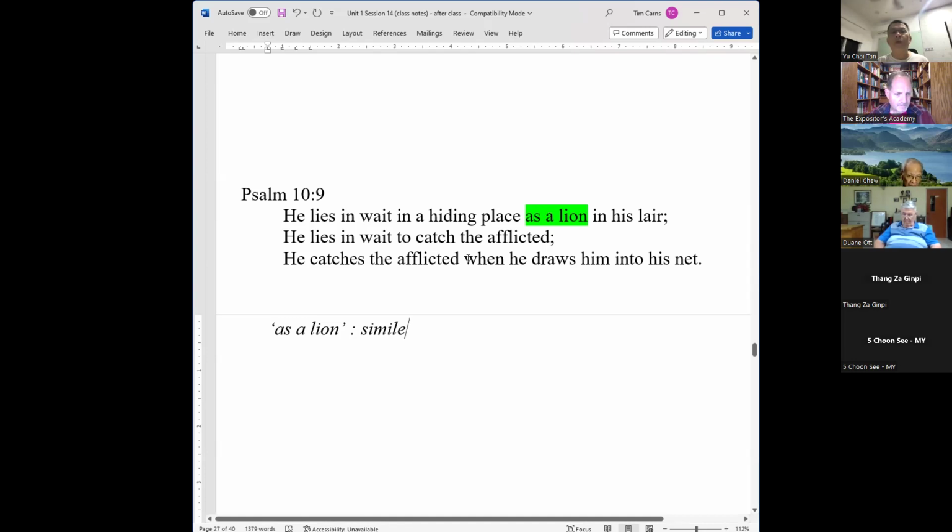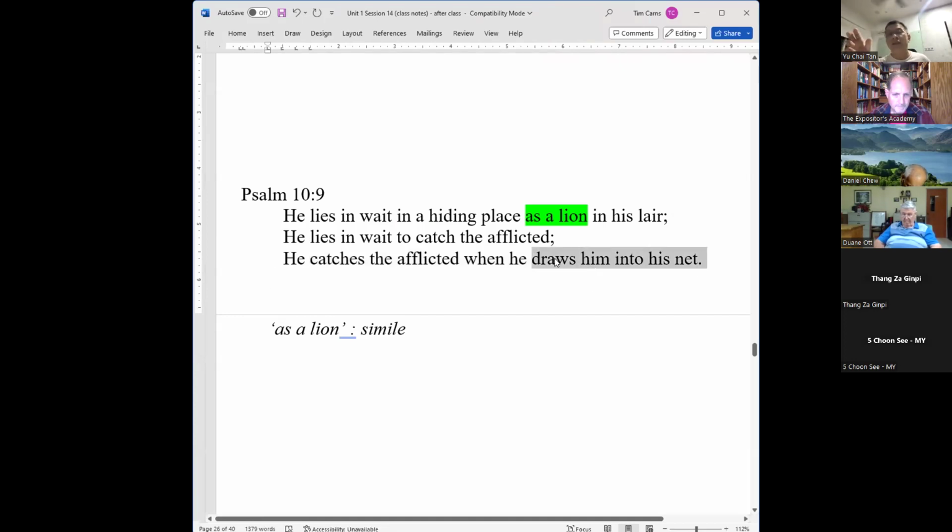Then the next line, we see the synonymous parallelism. He lies in wait. He lies in wait. Yes, he catches the afflicted, in this case, in a hiding place like a lion. And then this is a three-line parallelism. How he does it, he catches the afflicted when he draws him into his net.